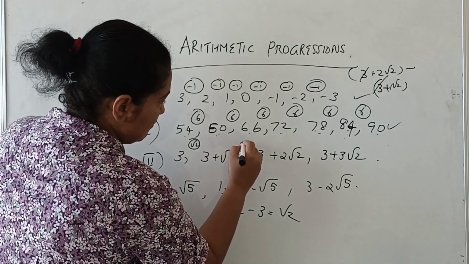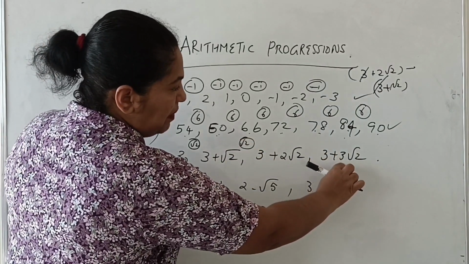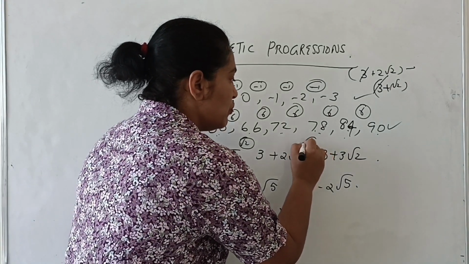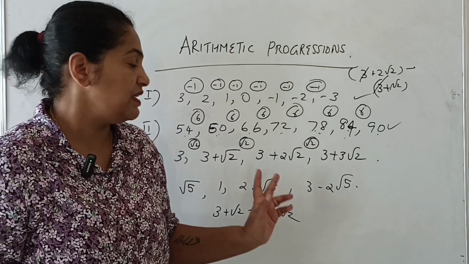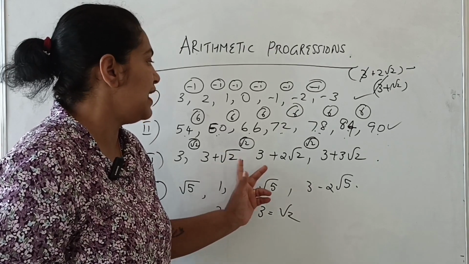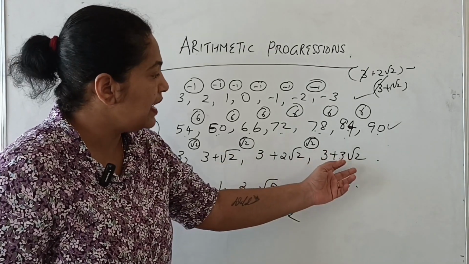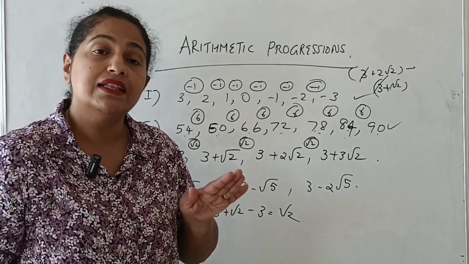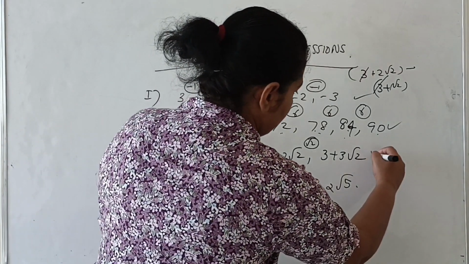So here also it is root 2. 3 plus 3 root 2 minus 3 plus 2 root 2 is again a root 2. So you can see that the difference between the second term and the first term, the third term and the second term, and the fourth term and the third term is a root 2. So I can say that that is also an arithmetic progression.